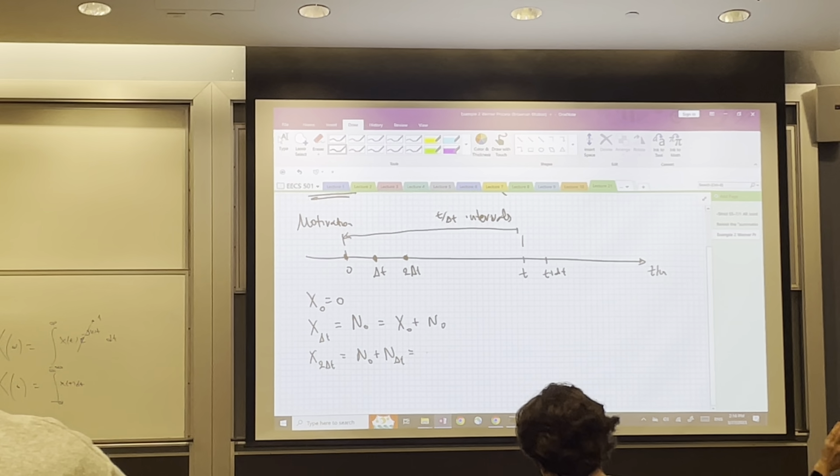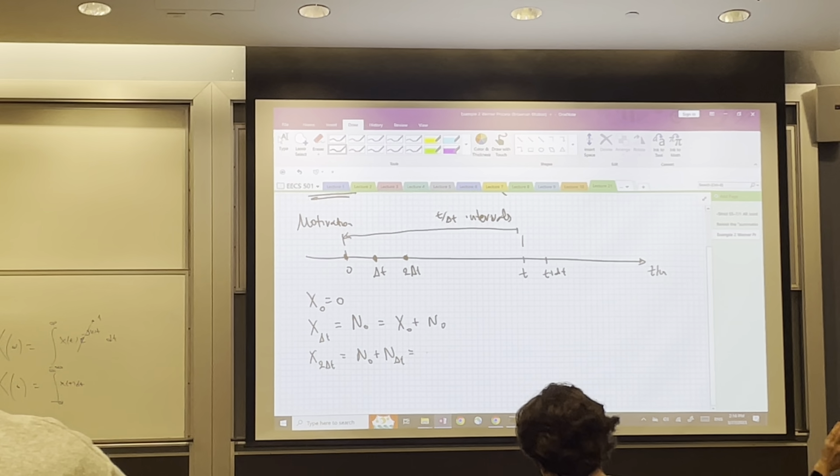Do you see what I have created here? This discrete time random process at every instance is the sum of all previous elements of this random process plus one additional Gaussian component. You see that? Starts at 0. At delta t is n0, so it's Gaussian.